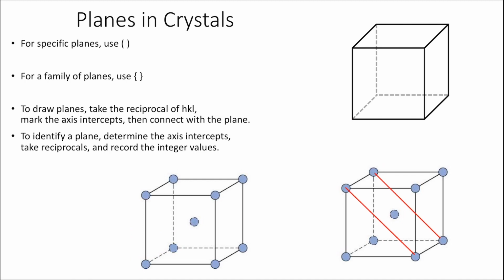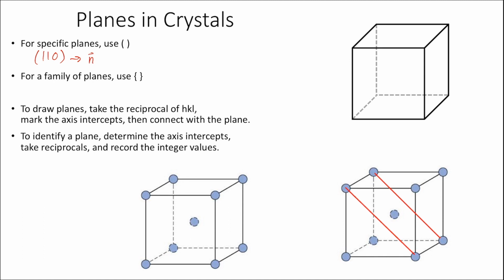So now we're going to talk about planes in crystals. For a specific plane, we use parentheses, as shown at the top there. The important thing to note about planes is that, let's say we're going to work with 1, 1, 0 for a plane. A plane is defined by its normal, basically.